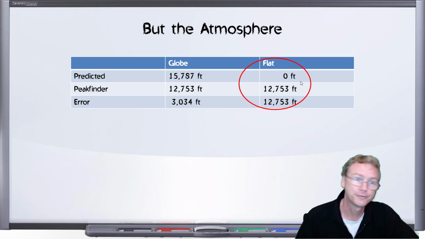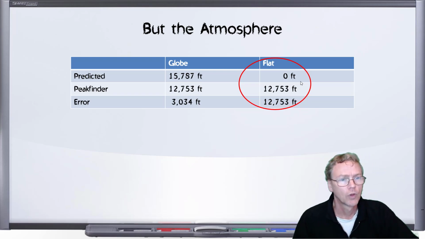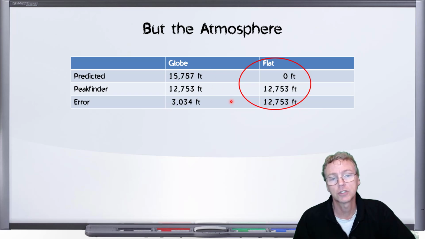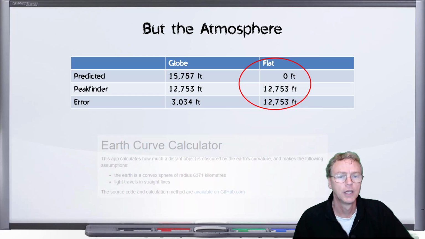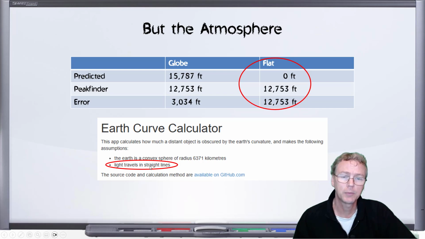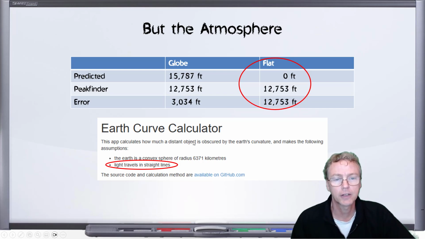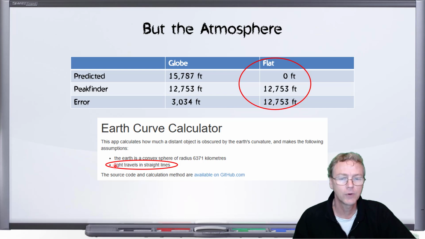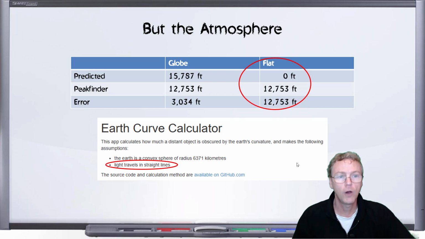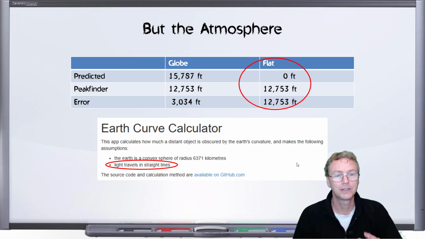Okay, fair enough. If we're going to apply some kind of atmospheric obstruction, though, on this side, we have to also apply the atmospheric obstruction on this side. Fair is fair, right? Look at the Earth curve calculator. This is right off the website that we just used. It says right on there, light travels in straight lines, meaning no atmosphere was used in this calculation.